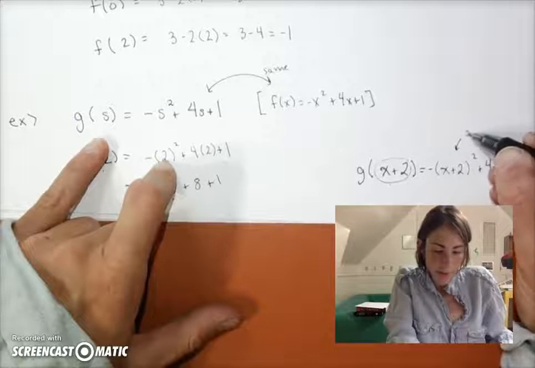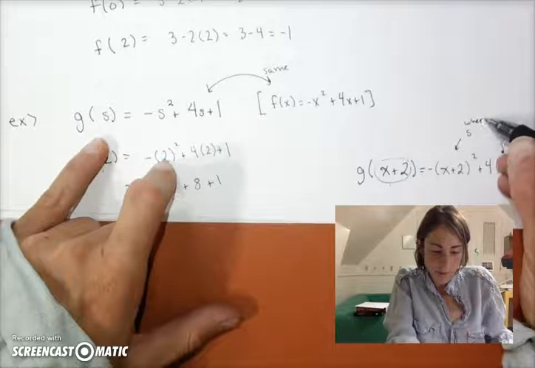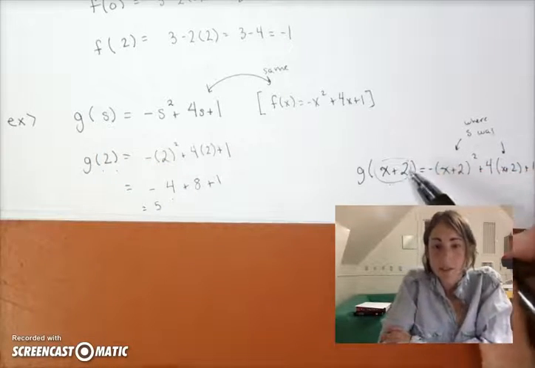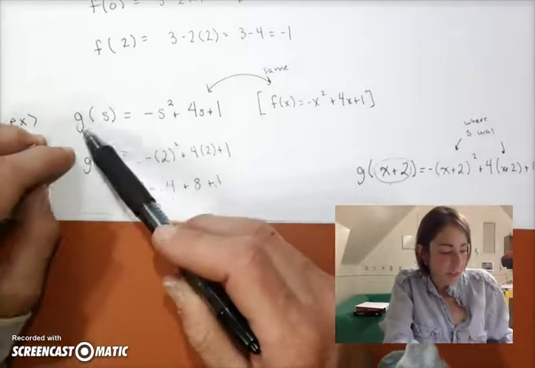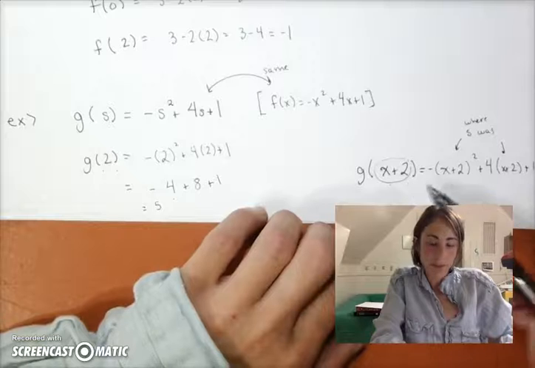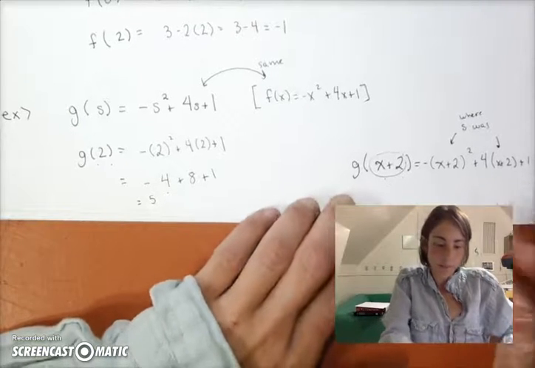So this is where the s's were. And I just plugged this whole thing in. So the notation is suggestive. If g of s is this thing, then g of x plus 2 should be the same thing where I plug in x plus 2.